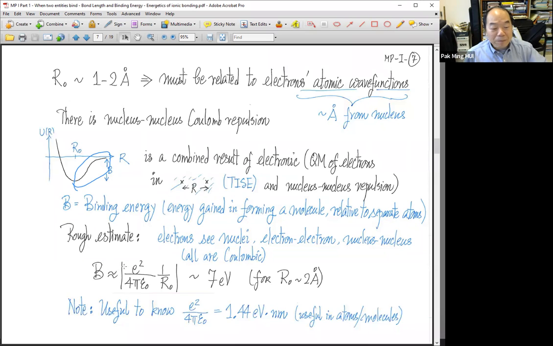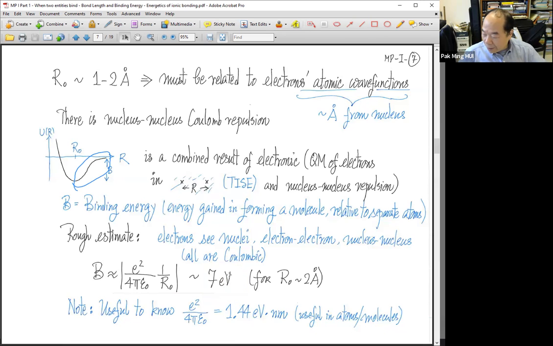So we just plug in e squared over 4 pi epsilon 0, 1 over some distance is an energy, and we plug in the equilibrium separation, 1 to 2 angstrom, okay? Then you will get a number that is a few eV. And you compare to data, this order of magnitude is all right.